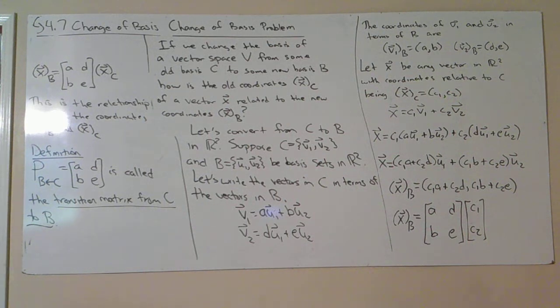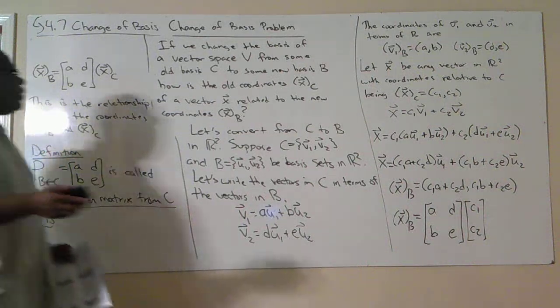And I can say that the transition matrix from B to C is just going to be the inverse of that.